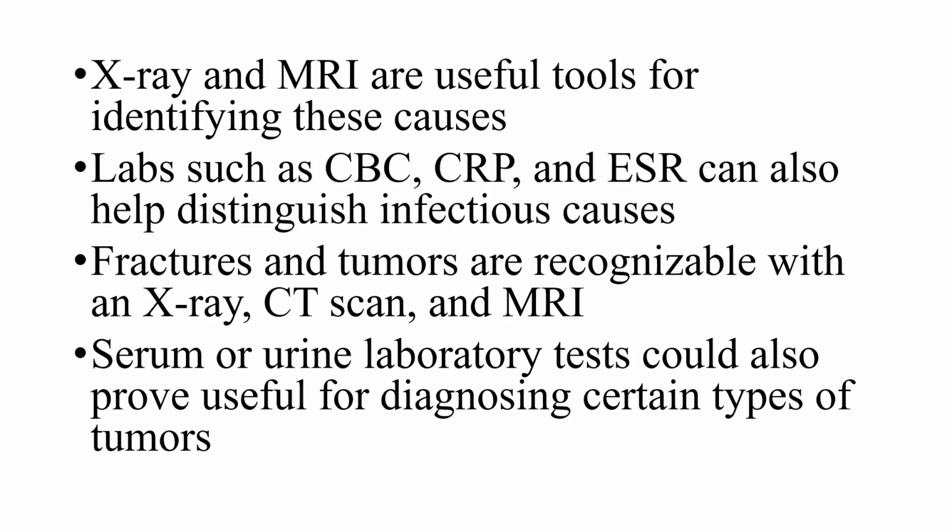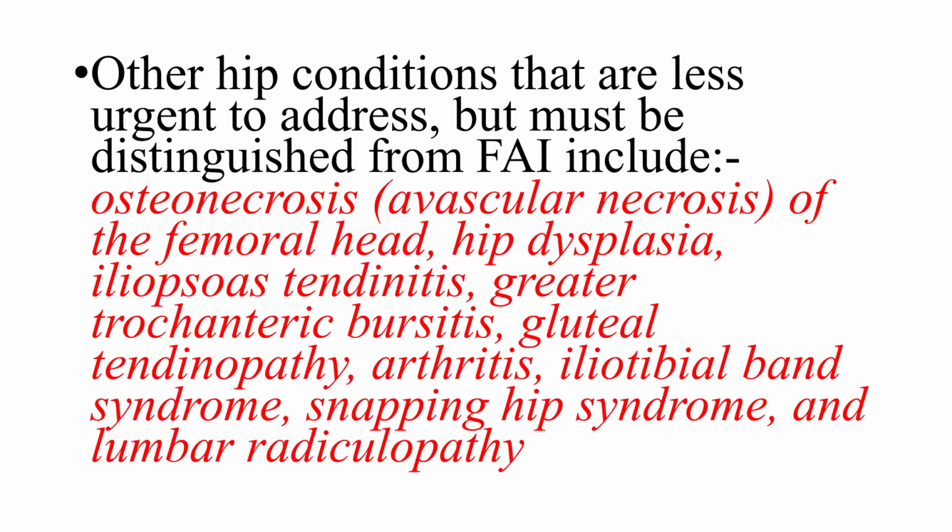Other hip conditions that are less urgent to address but must be distinguished from femoroacetabular impingement include osteonecrosis, hip dysplasia, iliopsoas tendinitis, greater trochanteric bursitis, gluteal tendinopathy, arthritis, iliotibial band syndrome, snapping hip syndrome, and lumbar radiculopathy.